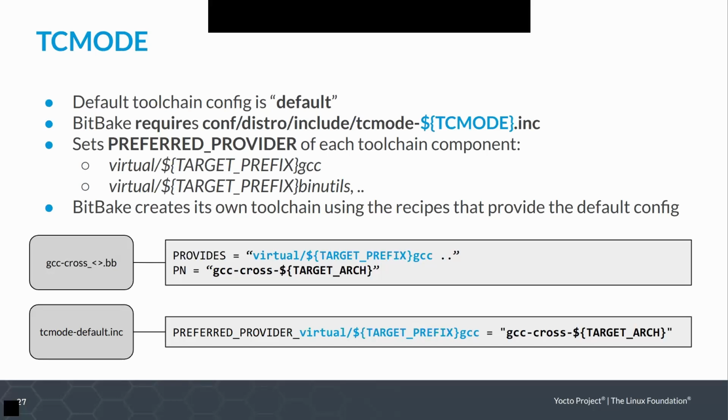That's why this will trigger BitBake to look for the virtual target prefix gcc, and using this preferred provider, it will go to the recipe that provides this one, which is gcc-cross, and this is the gcc-cross.bb recipe, and this one inherits the cross bbclass. Now everything starts with the cross compilation and preparing the cross toolchain that will run on the build system and produces packages for your target.